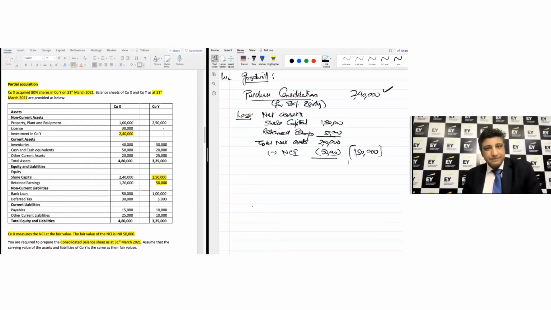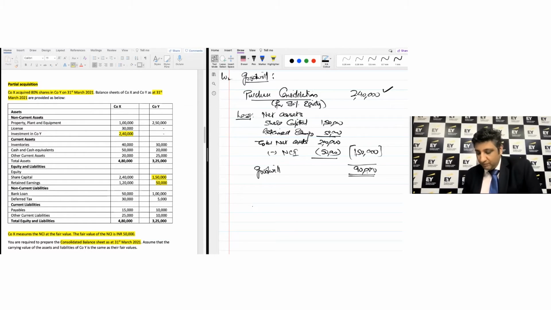I'm paying 2,40,000 rupees for an 80% stake in the company, which has a worth of 1,50,000 to the extent of that 80%, which means that my goodwill is measured at 90,000 rupees.